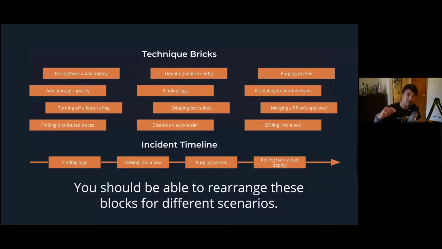Each of those individual things were not created specifically for an incident that has stale cache problems. But because we have individual Lego bricks, we can resolve this incident because we've practiced those different things. And now we can get creative and get really fast at putting together a set to solve an incident very quickly.